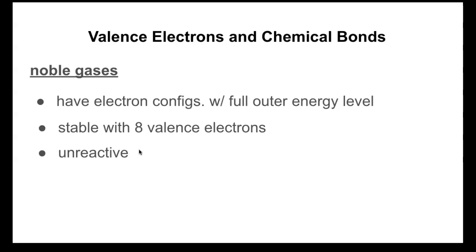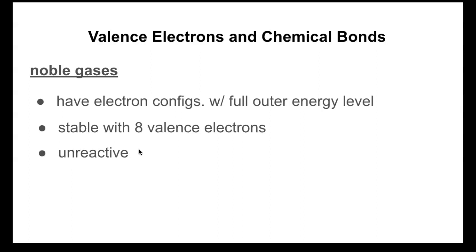You might remember the lab we did early in the year with the plastic bag and the 4 chemicals that we put in there, and we had color changes, temperature changes, gases being produced. The reason that reaction was going on is the little atoms in that bag are scrapping for electrons. So they are very reactive. The noble gases don't react with anything because they're stable with 8 valence electrons, except for helium.